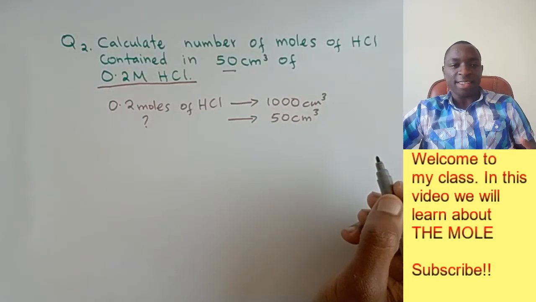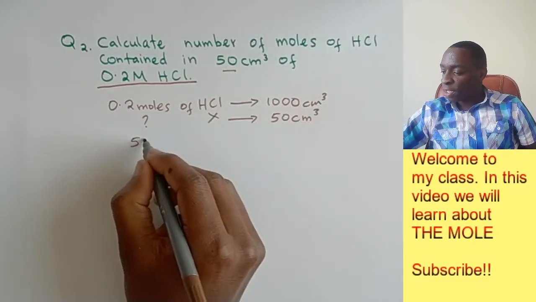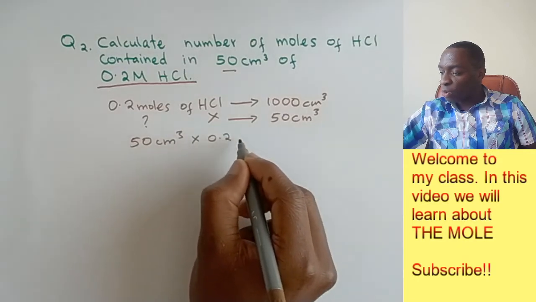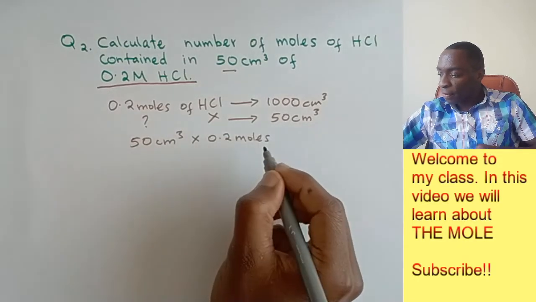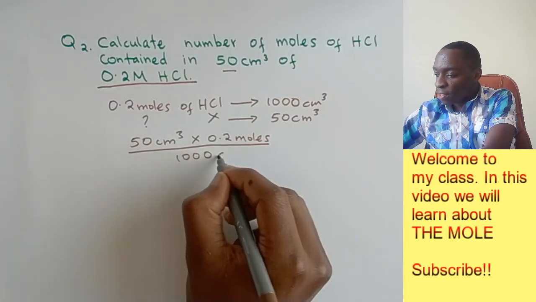Once again, the cross multiplication comes in, and we have 50 centimeters cubed multiplied by 0.2 moles, and this is going to be divided by 1,000 centimeters cubed.